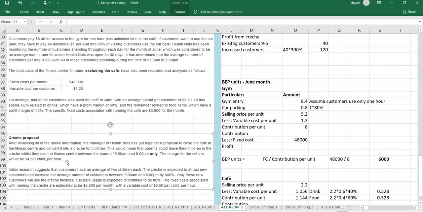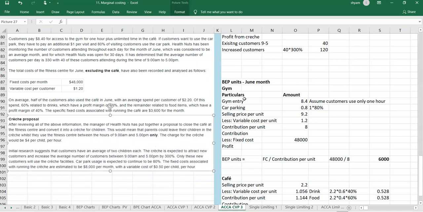But he says it is only these new customers who will increase the average number of customers by 300%. Only these new customers will use the creche. So the existing 40 will not use it. This additional 120 are the ones who are going to use it.